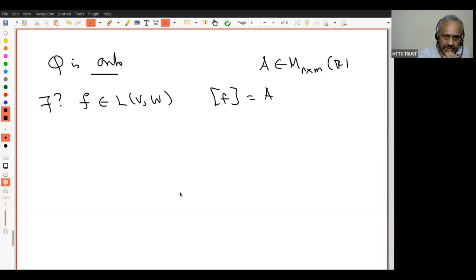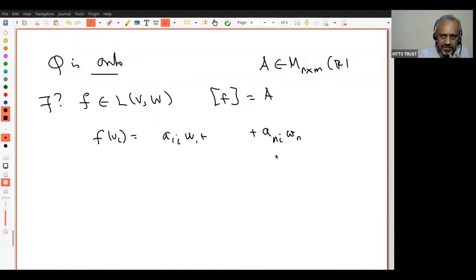That's very easy. Why? Look at, I have to define f of vi. I will simply define f of vi in such a way that the coordinates of that is the ith coordinate, that is a1i w1 plus, let me write, ani wn.